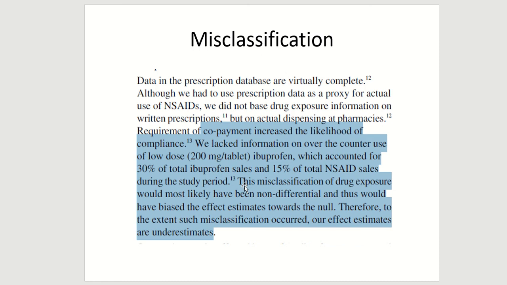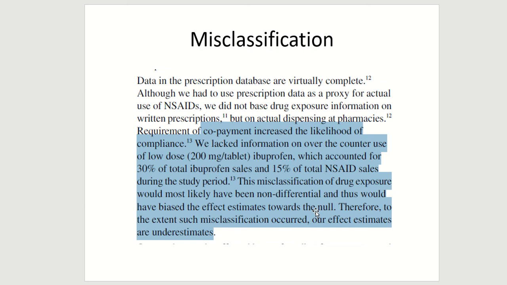This is the important thing. This misclassification of drug exposure would most likely have been non-differential and thus would have biased the effect estimate towards the null. I've spent an hour explaining to you misclassification and non-differential towards the null. So this is exactly what they're saying in this article.